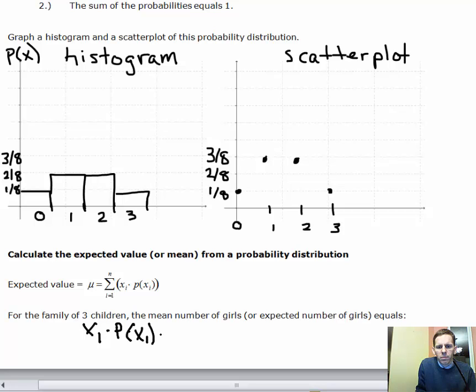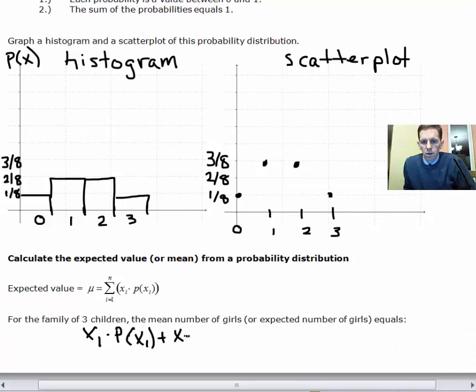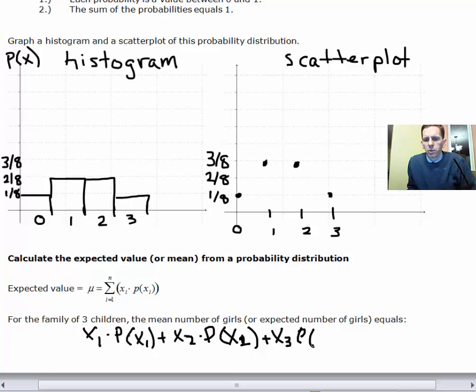And then we're going to go up to 2, 3, all the way up to 4, because in our table we have 4 different x values. Now, what's a little goofy in this problem is that our x values go from 0 to 3, but there are 4 of them altogether. Once we fill out this formula, we're going to do some substitution.